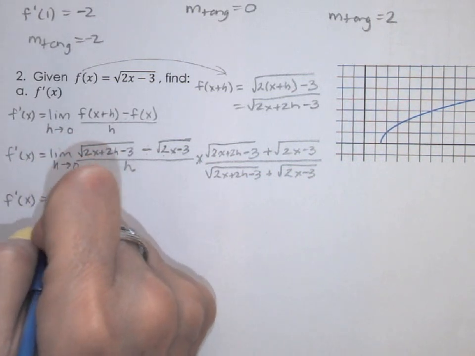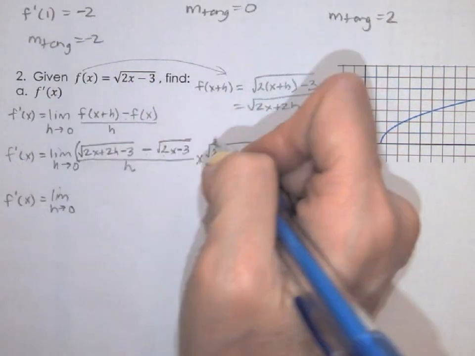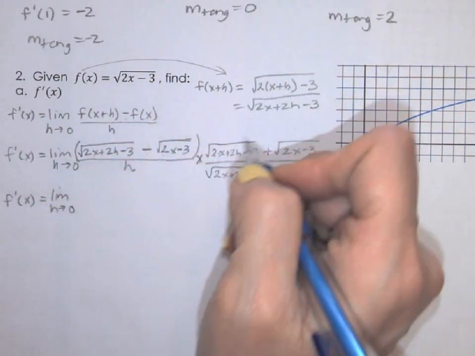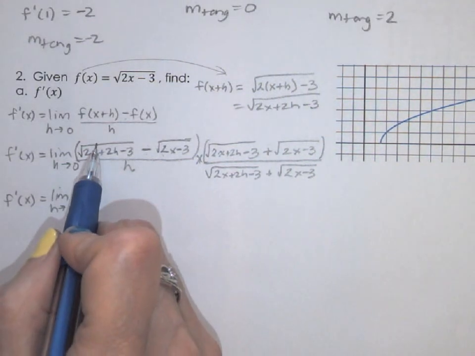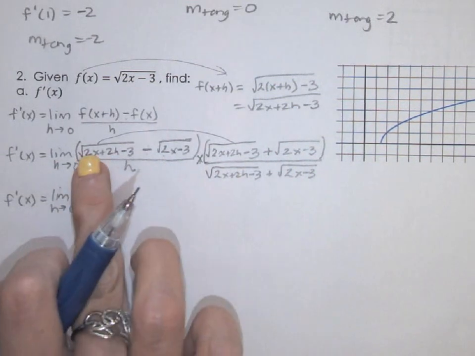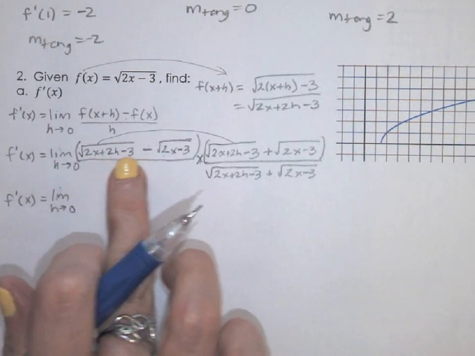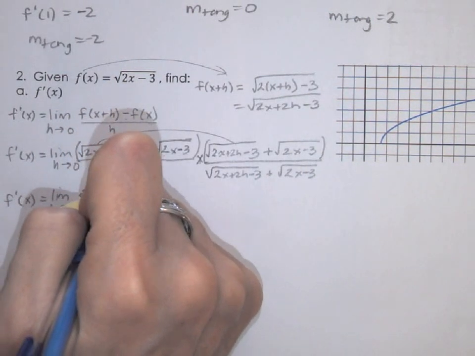And while we're still getting used to conjugate radicals, I'll write out all 4 terms. We're doing FOIL here. So each term in the first bracket is being multiplied by each term in the second bracket in the numerator. So I'm doing this times this, which is the root of 2x plus 2h minus 3 all squared. That just undoes the square root sign.